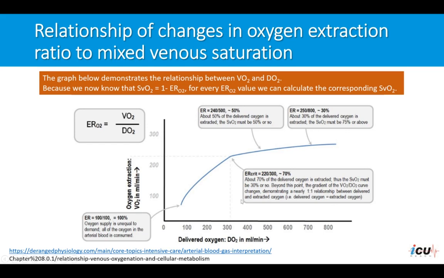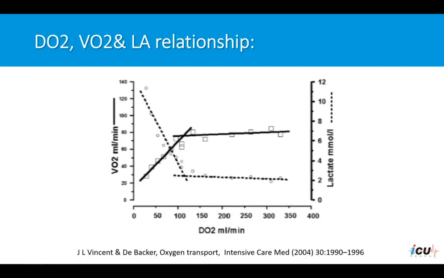But it gets to a critical point where after that there's not much oxygen delivered, and the tissue will utilize all the oxygen that is delivered. The extraction ratio will be close to 100%, or there is a one-to-one relationship between the oxygen delivery and the oxygen extraction. And this has actually been described in multiple studies.